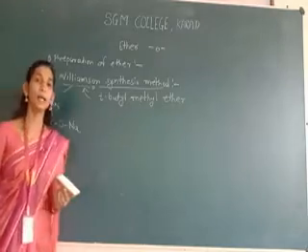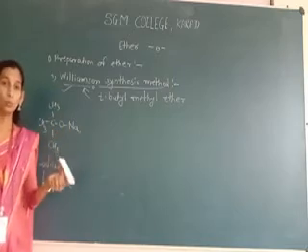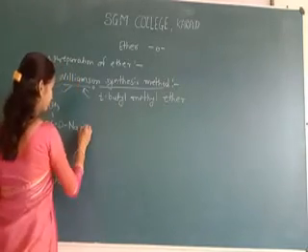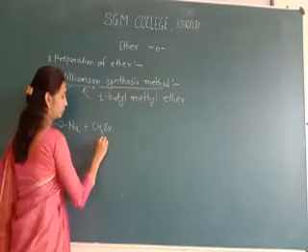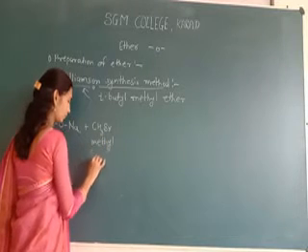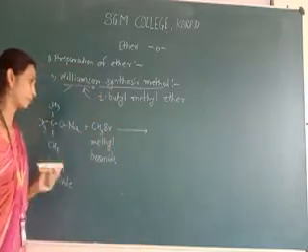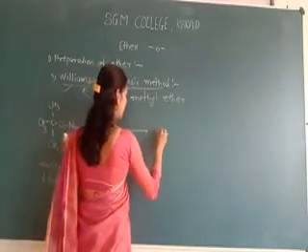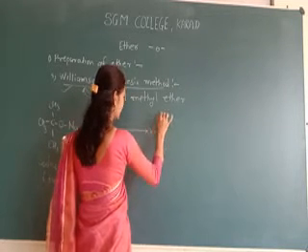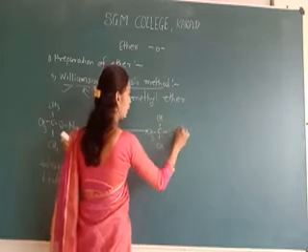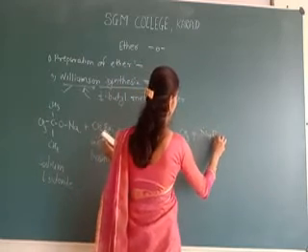In that reaction, if this sodium butoxide is treated with our methyl bromide, CH3Br, it gives C, CH3, CH3, CH3 dash O dash CH3 plus NaBr.